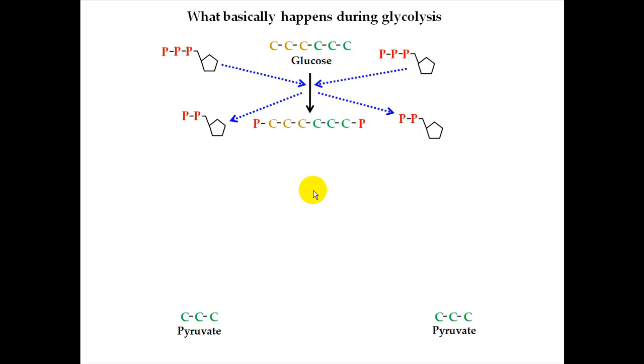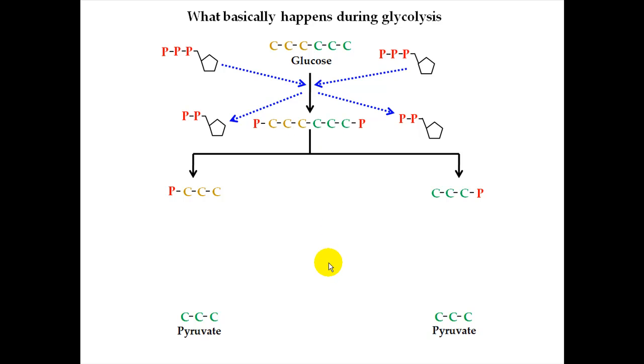Here's what happens next in order to eventually make high energy molecules. This molecule is then broken in half. It turns out that this portion, this half of the glucose molecule, is the only half that can continue on with glycolysis in order to produce pyruvate. I know they look the same.